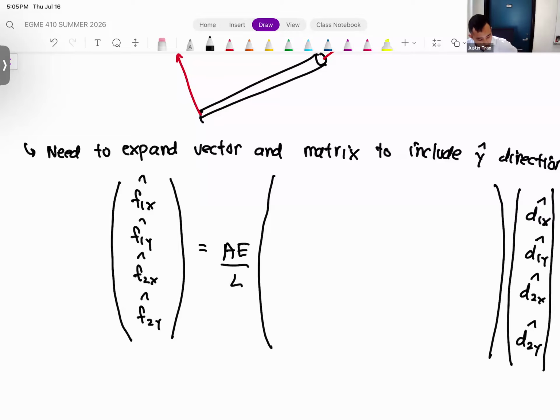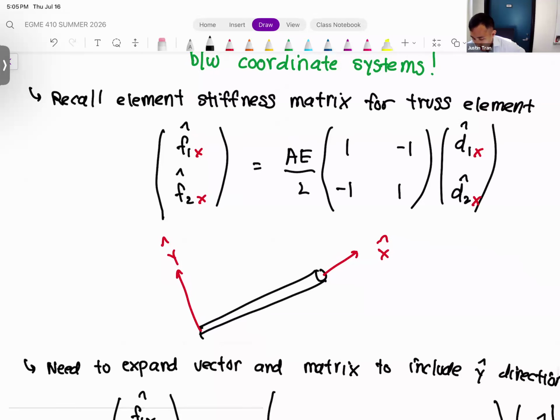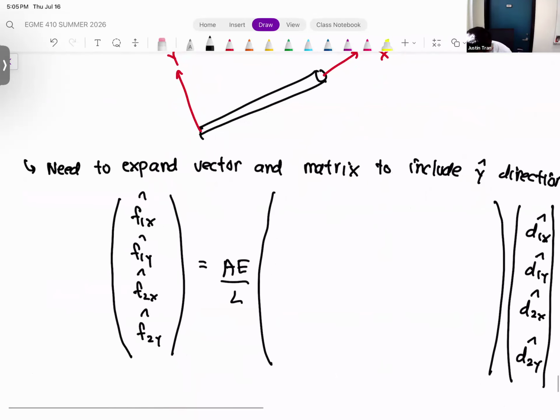Our matrix here is going to be a 4x4, but the only non-zero entries still correspond to the degrees of freedom we had in our original element stiffness matrix. So we have 1, 0, -1, 0. For every row or column associated with a y, we're going to have a 0.